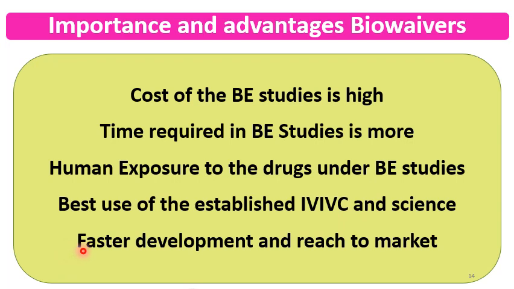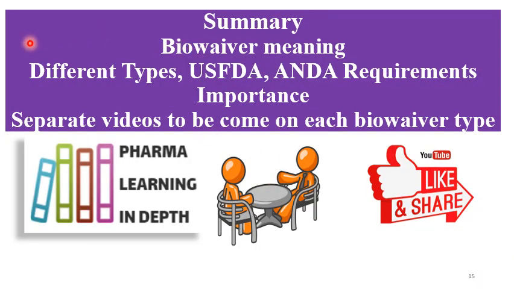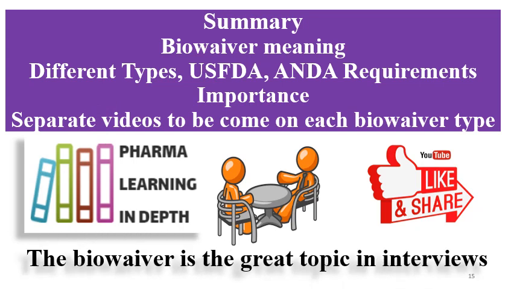Then bio-waivers lead to faster development and reach to the market. So I hope you have got a good understanding. In this video we have seen bio-waiver meaning, different types, US FDA ANDA requirements for bio-waiver, and importance of the bio-waivers. So this is a very important topic and is a great topic in interviews.